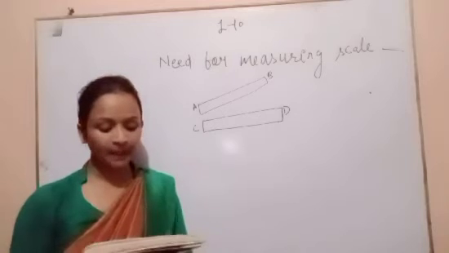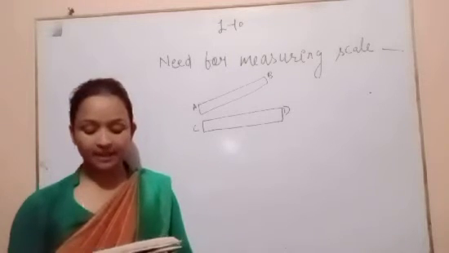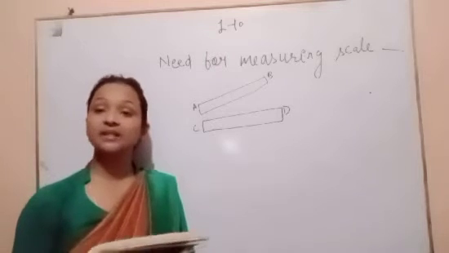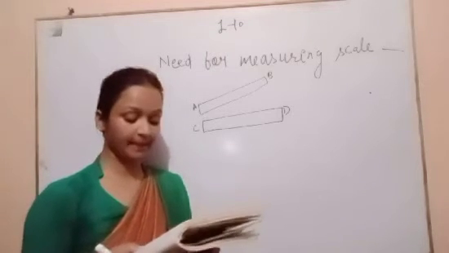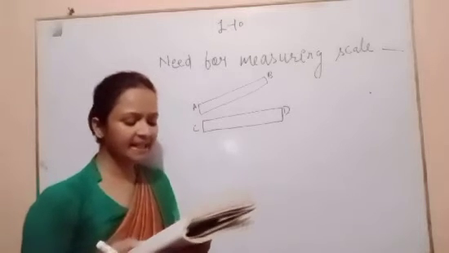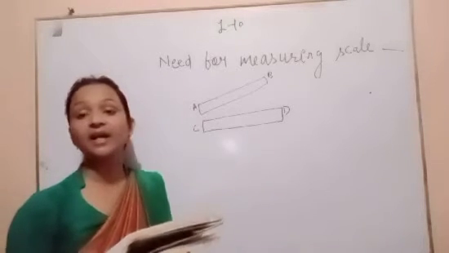However, to know which one is longer, we can place them side by side, as shown in Figure 10.4b. Thus, we can see that rod CD is longer than rod AB.